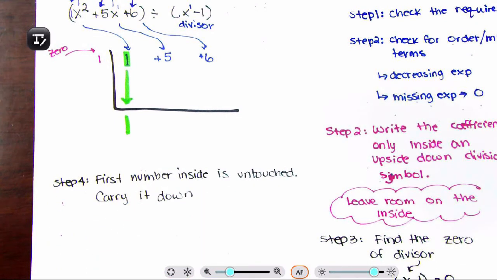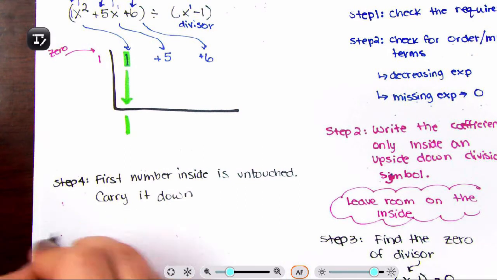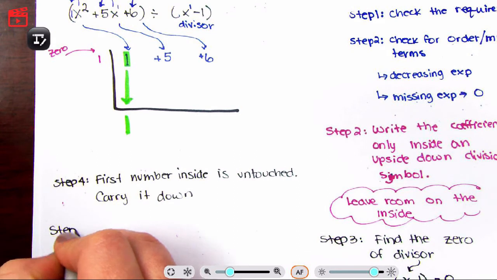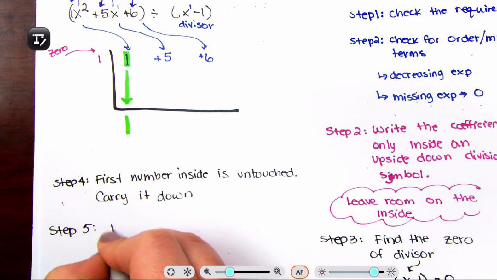Don't do anything with it. Now that you have that first number down, you're going to multiply.